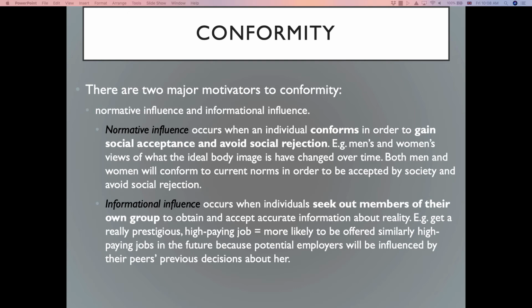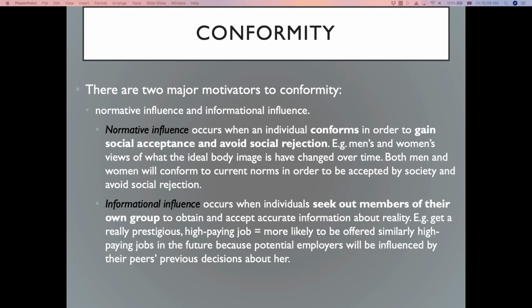We also conform by informational influences. How many times have we met somebody at a party and started talking to them, and we formed an instant attitude? We like them or we don't like them. And this can just be based on somebody's looks. But we can change our attitudes due to the information that is presented to us.